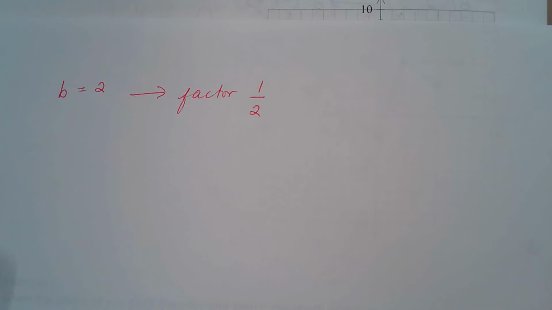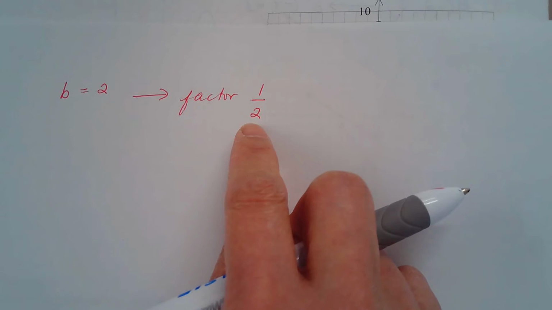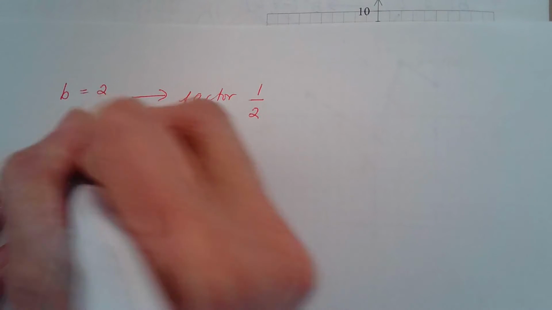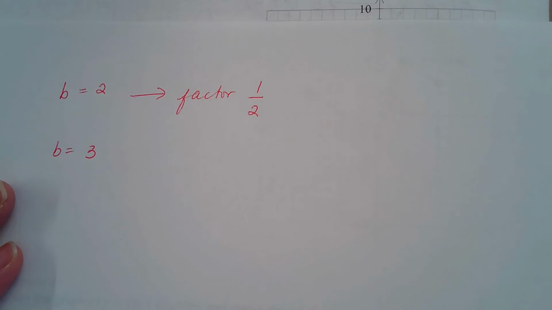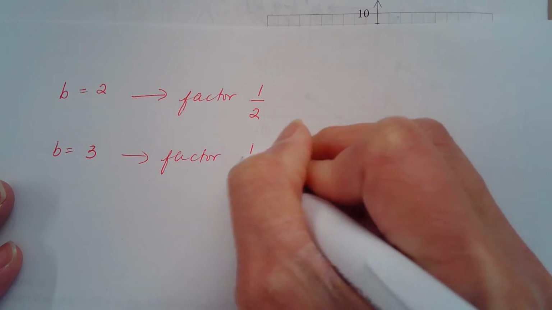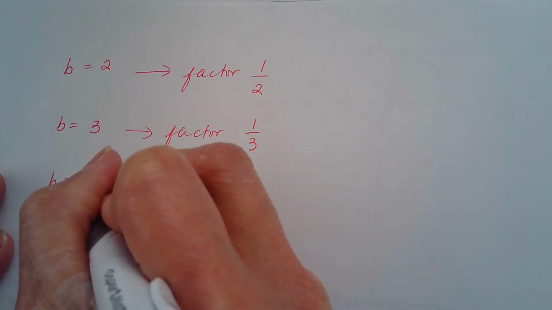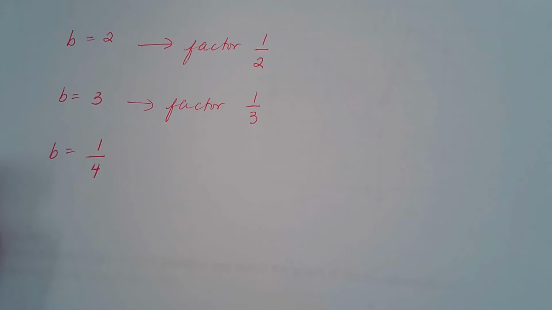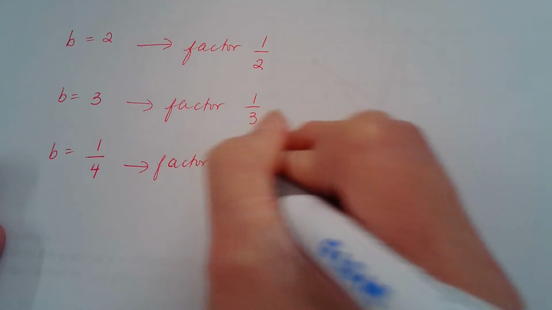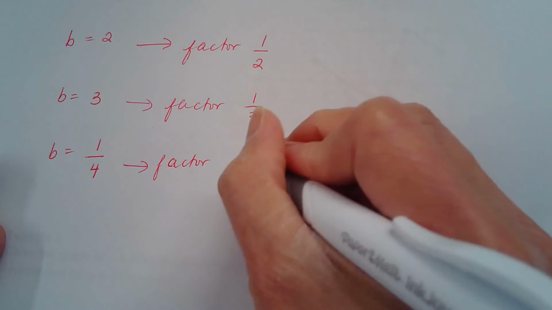So if b is 2, the factor, that means the one that's getting multiplied in with the x, is 1/2. If b is 3, what's the factor? Factor is 1/3. Now b is 1/4. What's the factor? Factor is 1 divided by 1/4, which is 4.